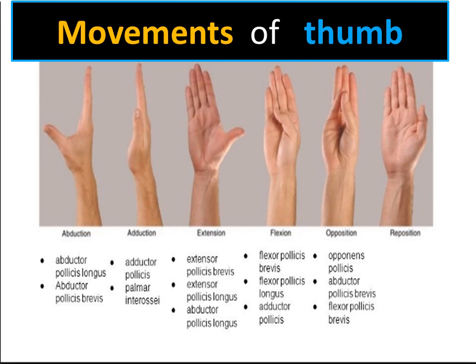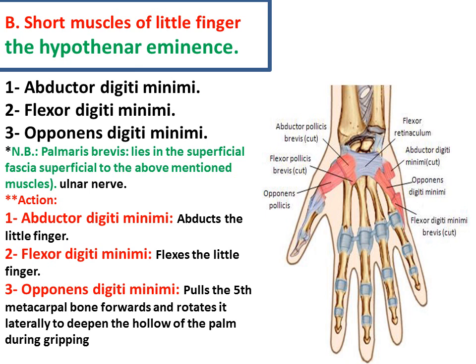Here adduction, the thumb is in the same plane as the medial fingers. Extension, here it is laterally placed, and flexion and opposition, which is turning the thumb medially so its palmar surface gets in contact with the palmar surface of the remaining fingers in counting action.